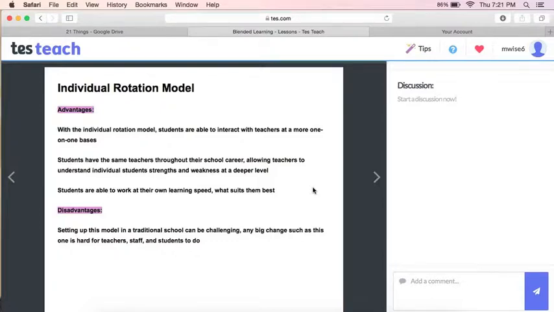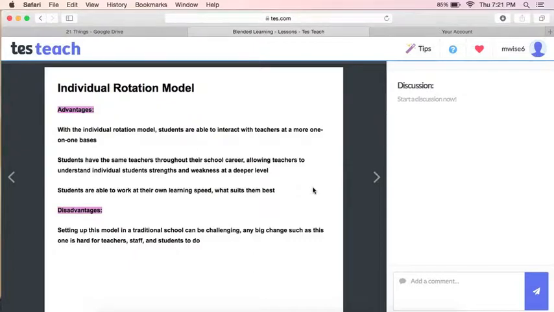Students have the same teachers throughout their school career. Students are able to work at their own learning speed, whatever suits them best. Those are all things that are helping this Carpe Diem school reach the results that they're seeing. Because as we all know, relationships, one-on-one attention, and learning at your own speed are crucial for students.